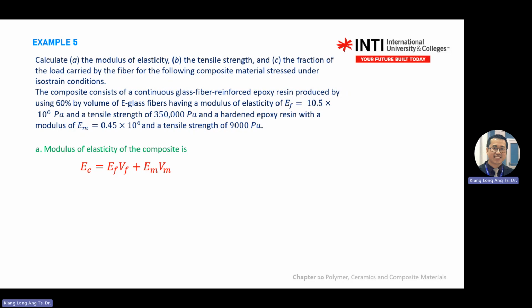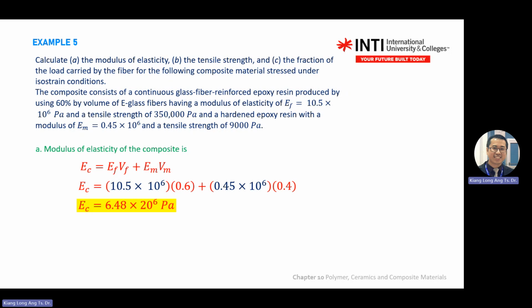Okay, you have the EC. Do you have EC? You don't have. But you have the volume fraction here. So 0.6 is what? 0.6 is fiber. VF means volume fraction. You bracket 0.6, 0.4. EF is given. Substitute, you get EC.